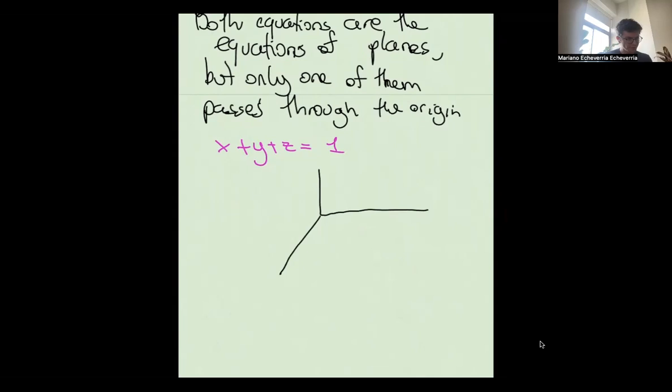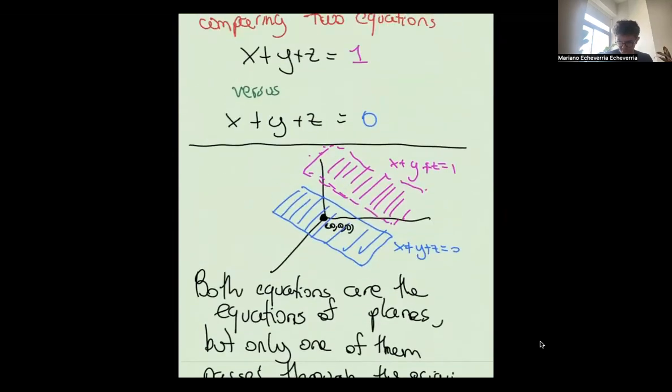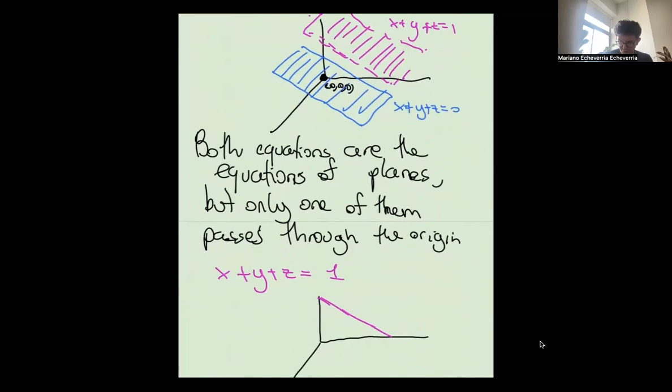Let me see if I can draw something somewhat accurate. It's kind of hard to draw it so that it doesn't look like it contains the origin. I'll draw it like I had it here.